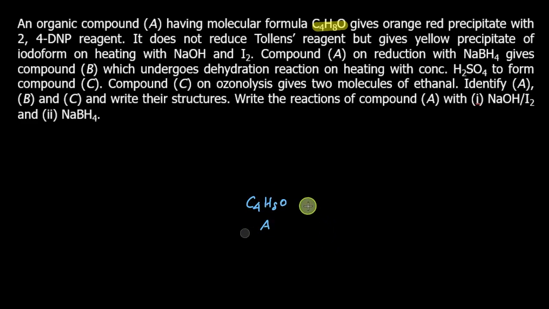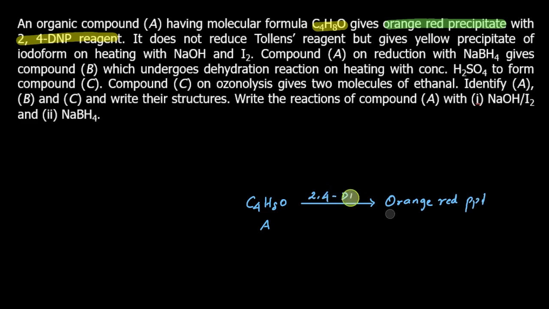Now this compound is going to be treated with 2,4 DNP reagent. When it is treated with 2,4 DNP reagent, an orange red precipitate is formed.